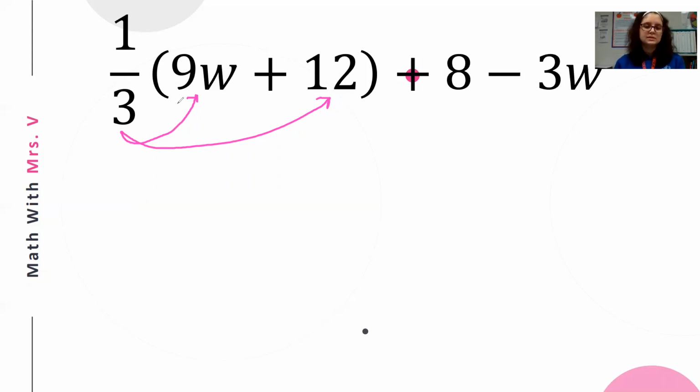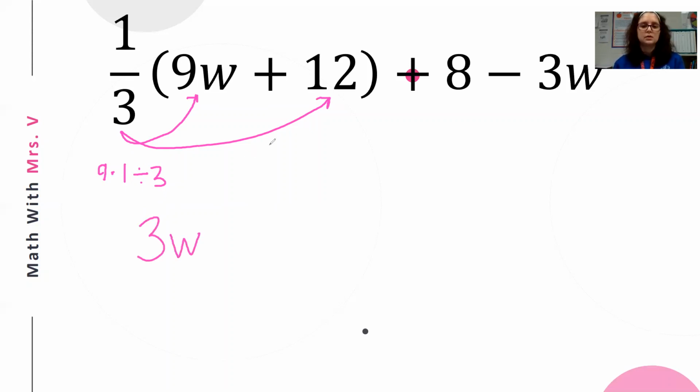So we would put this 9 over 1 and then multiply numerators. So 9 times 1 is the first step. And then every fraction is a division problem, so we'd end up dividing by 3. So 9 times 1 is 9, divided by 3 would give us 3w.